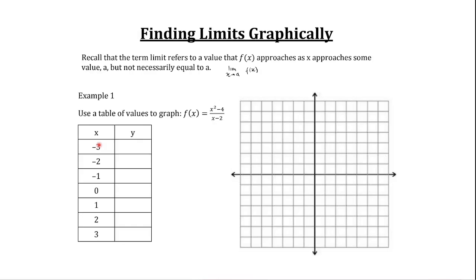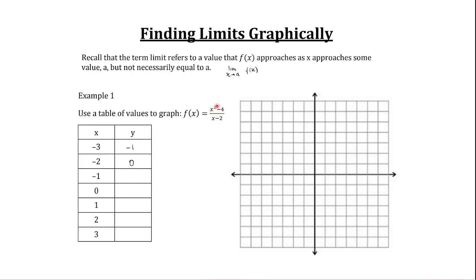Letting x be equal to -3, we can plug this into a calculator, right? And we are going to have that y is equal to -1. Then at -2, we are going to have an f of x value of 0. And of course, that makes sense because here we are going to have -2 squared minus 4.